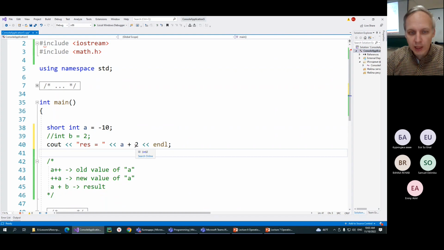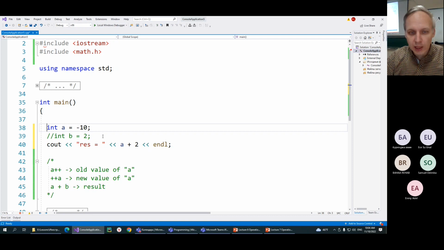Of course, it's maybe just some particular feature of these integer numbers. And if you use only int in your programs, it's not a problem to guess what the result will be. The result will be int in any case. But I just want to stress that when we consider an operation, we should think not only about the value of the result, but also about the type of the result.